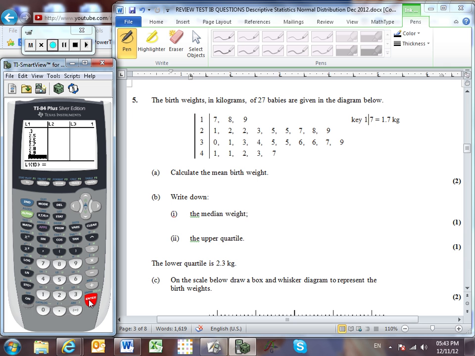And in fact, I can see up here, it looks like I've got an error. So it's good to double check my values. It should be 2.3. There we go.